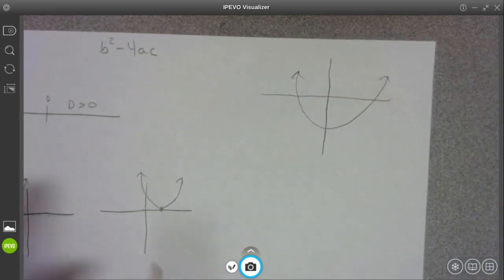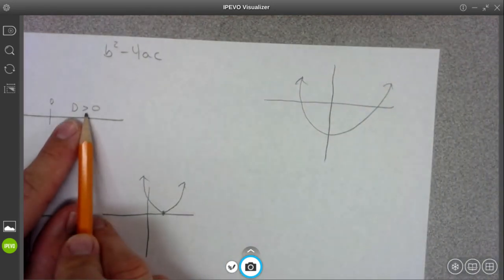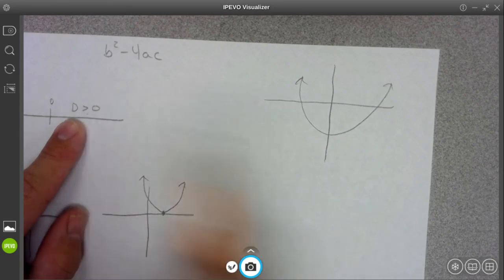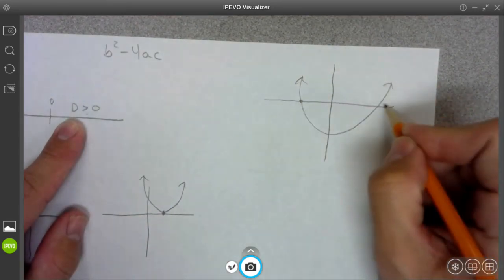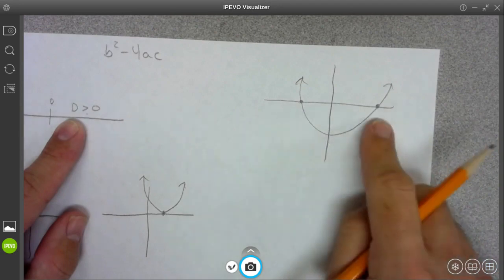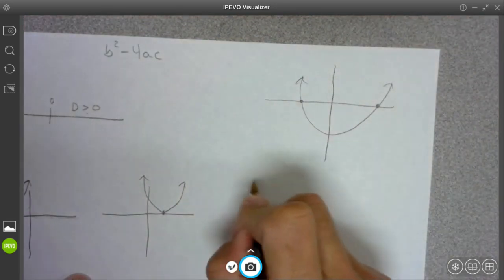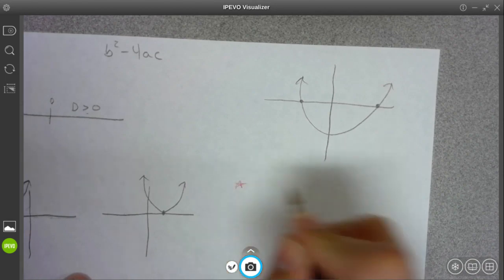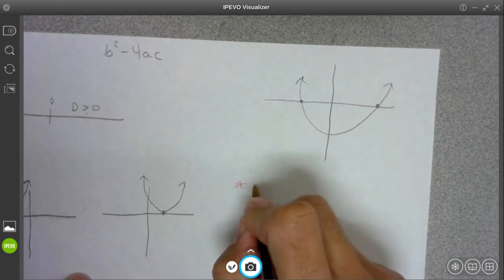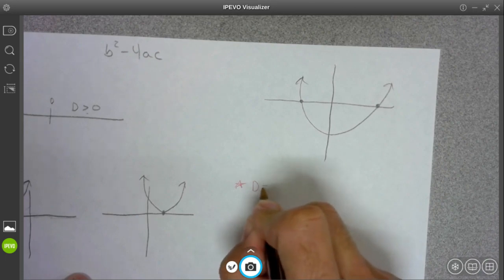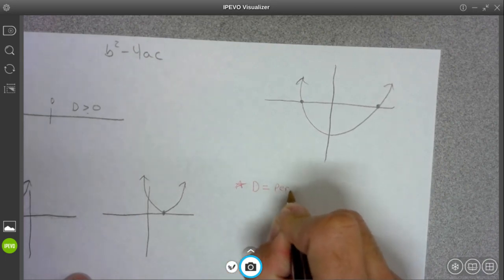And there's also the case where the discriminant is positive, or it's greater than 0. And when that happens, you get two places where it crosses. And I did say that they were two real solutions, but I need to be more clear there. There's actually two cases. So the first case is when the discriminant is equal to a perfect square.